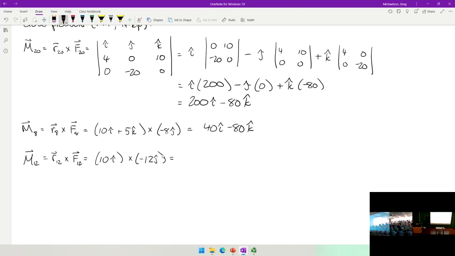And when you chug this one out, you just get minus 120K. But what's M40 going to be? 0. It's going to be R40 crossed with F40, but that's going to be 0.